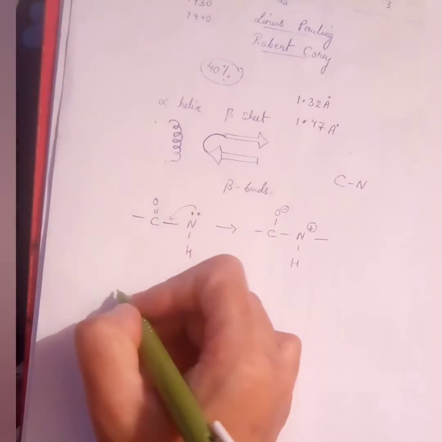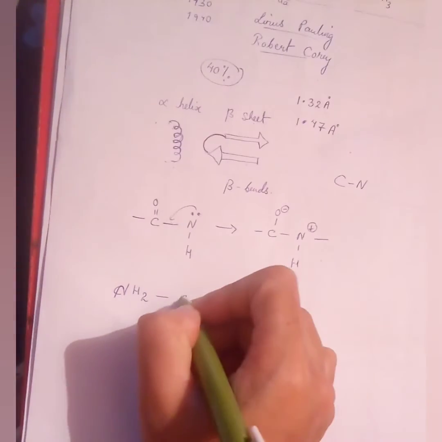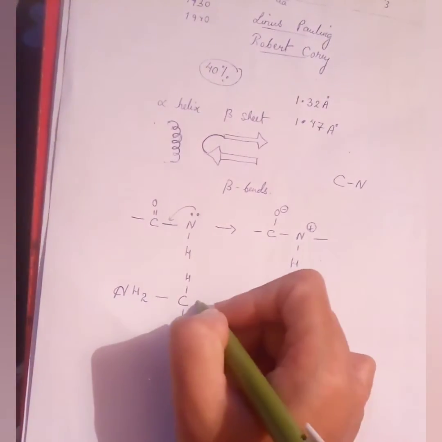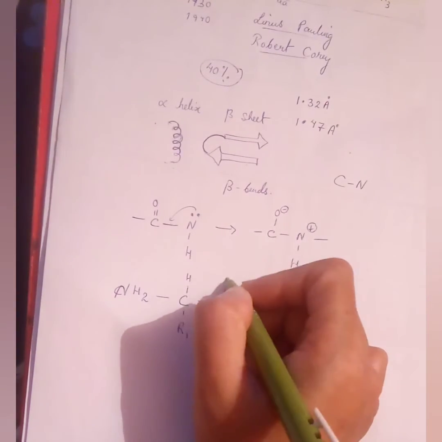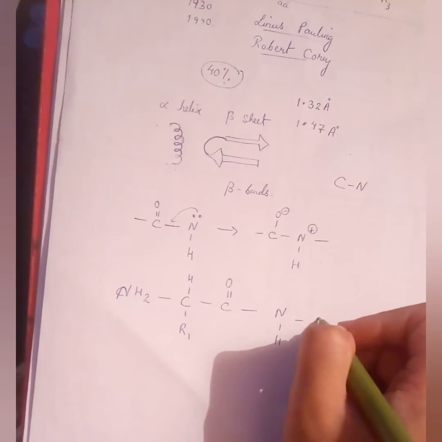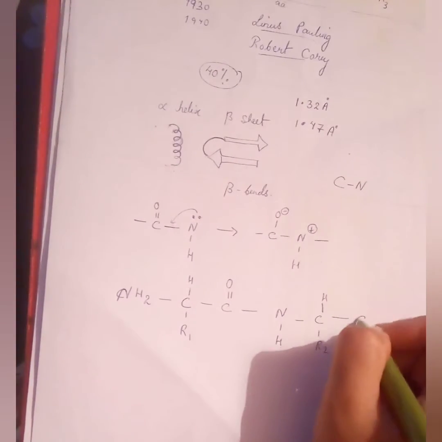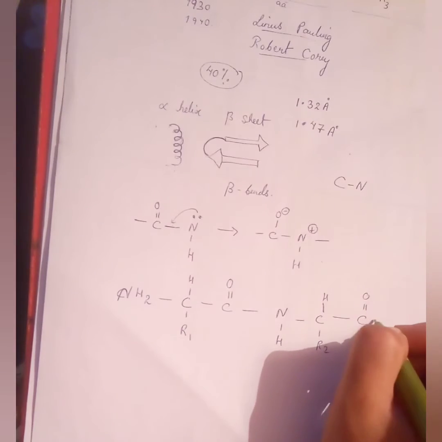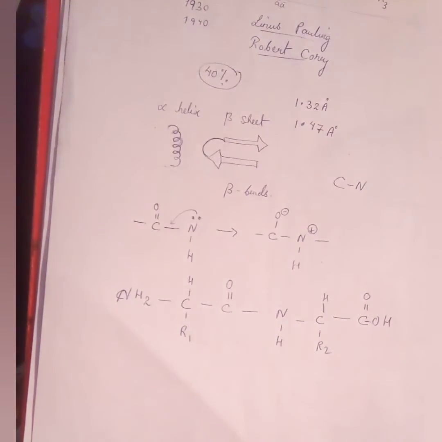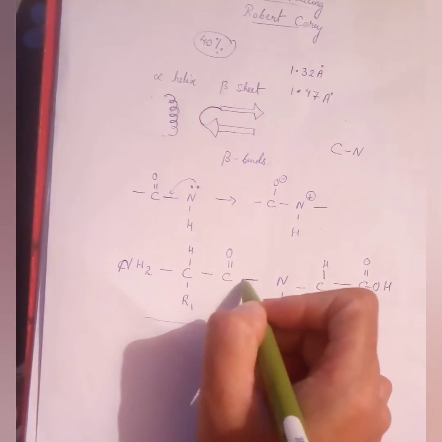Alright, so in an amino acid, we know that the structure of the amino acid is like this: C double bond O, and this will be joined to the next amino acid, C double bond O, OH. So suppose this is a dipeptide. These two amino acids here are bonded together by this peptide bond.